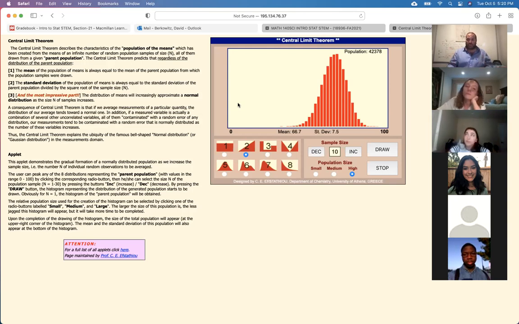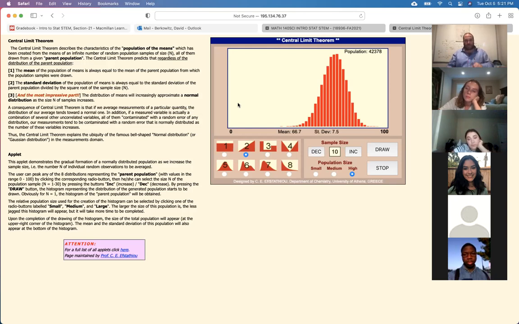As we saw in the first example, every time we increased it by 1, the shape changed. Sampling distributions depend upon the number in the sample. As we're going to see, the central limit theorem says if the sample is large enough, it'll look like a bell curve no matter what.